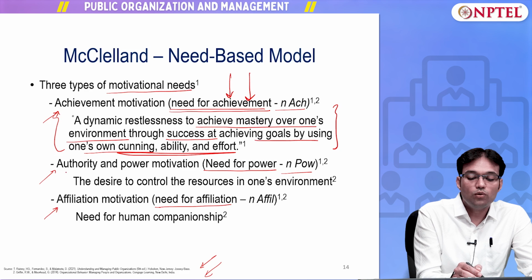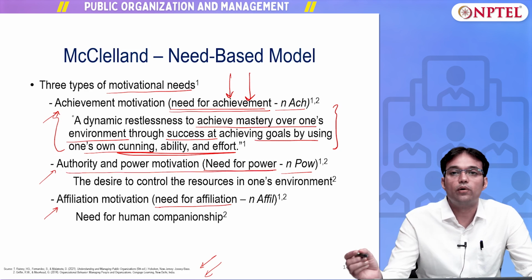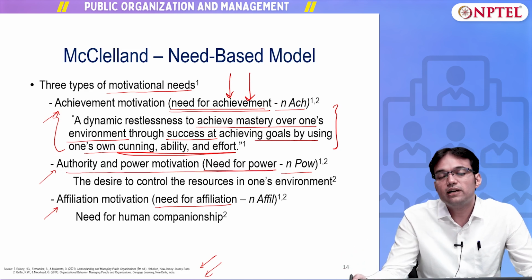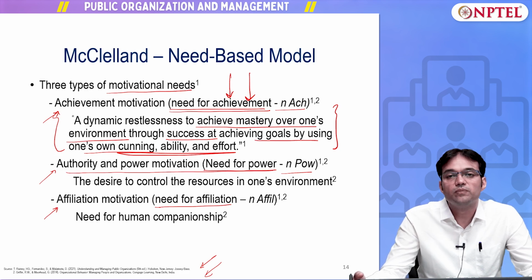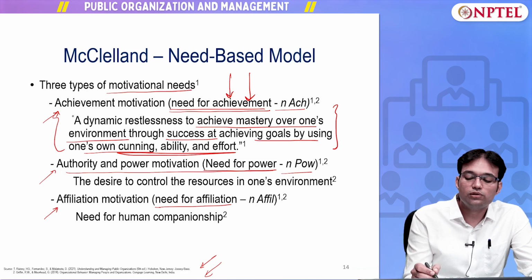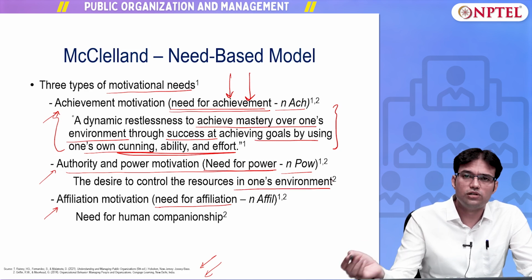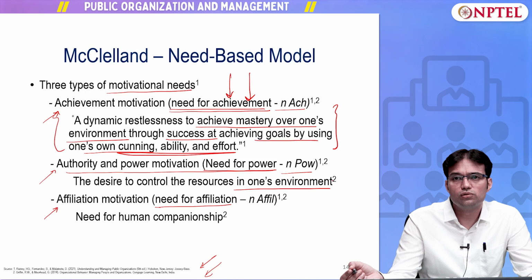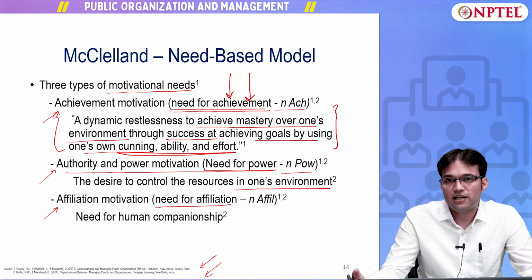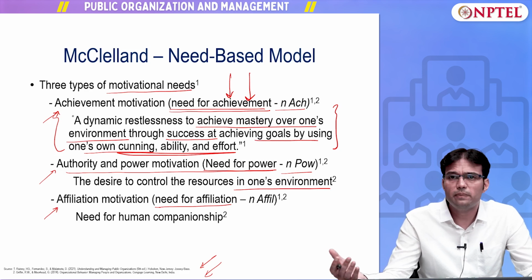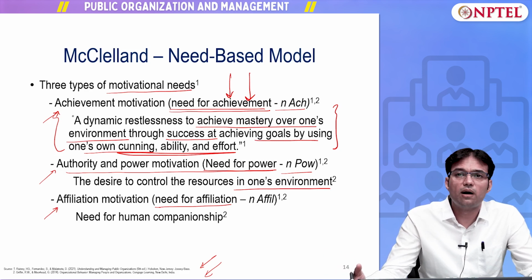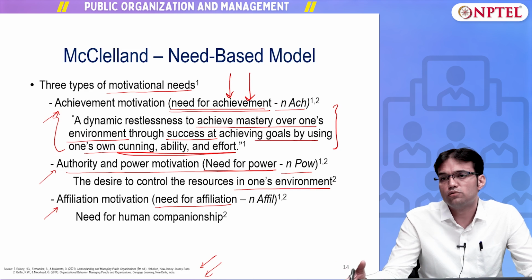Then we have people who have high need for power. Now you can look at this aspect in both ways, negative as well as positive, but here we will talk about the need for power in a positive way. The desire to control resources in one's environment to do good, right? People want to control resources in their environment so that they can work effectively in that organization. I am talking about the positive aspect of need for power. On the other hand, people might have a need for power where they want to control resources to control others.